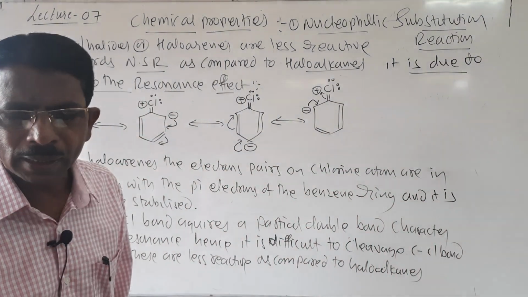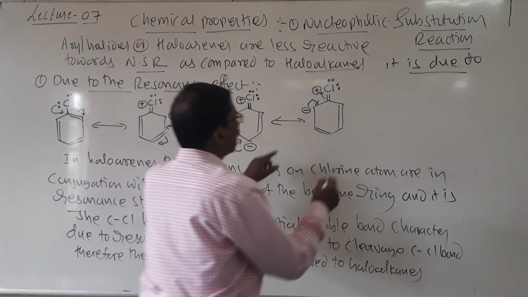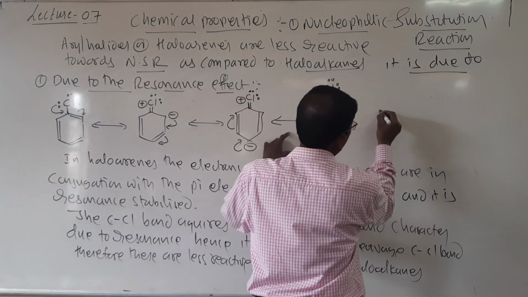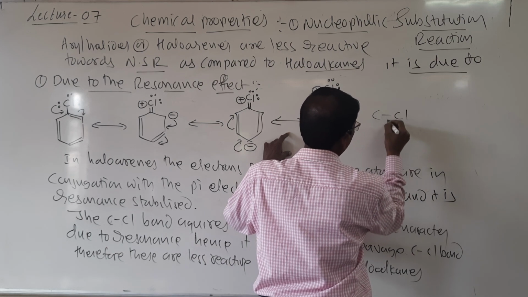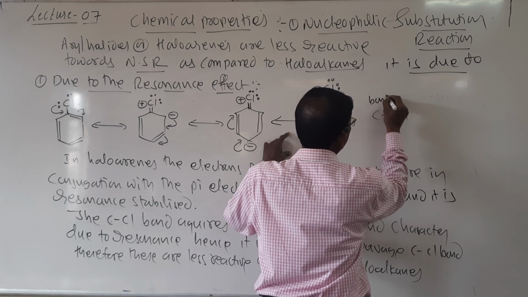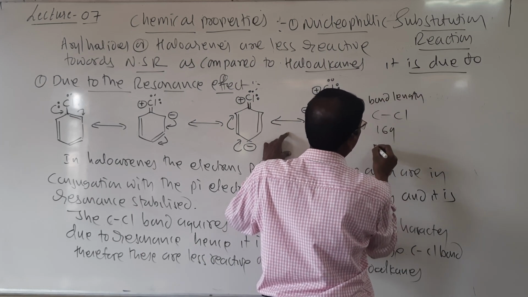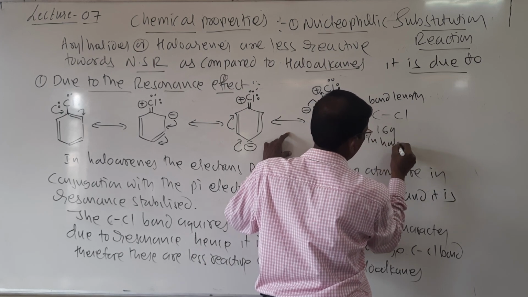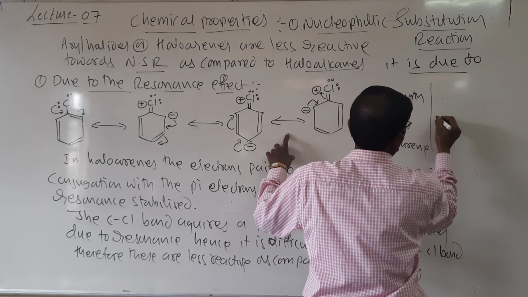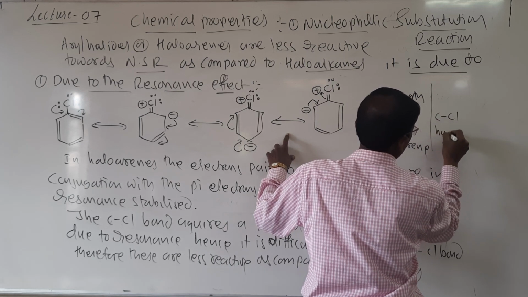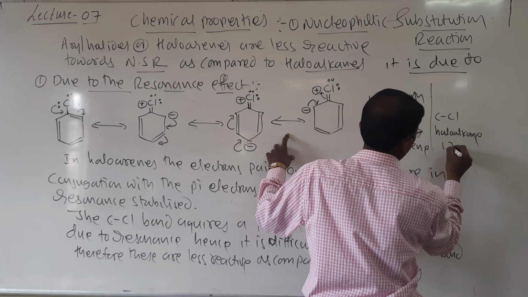So then, what is the second reason? Look here. C-Cl bond in haloarene. So C-Cl bond length here it is 169 in haloarene, and in case of haloalkane, it is 177.